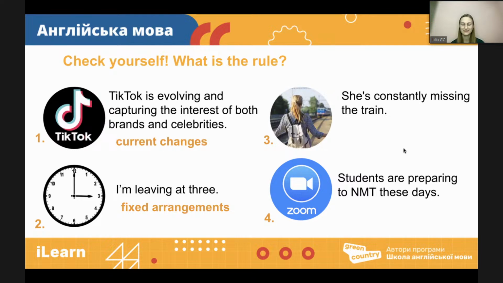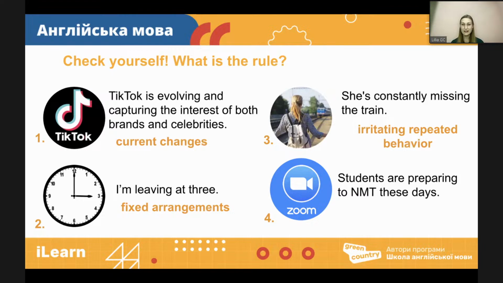What rule is that? Constantly, like постійно, so it's not closest future. What is that? Okay, guys, so I'm happy you have fun. Постійно. She's constantly missing the train. Вона постійно спізнюється на потяг. It's annoying, of course. So if I am the person to wait for this girl, I would be annoyed by that, you know? So yeah, that is irritating, repeated behavior.